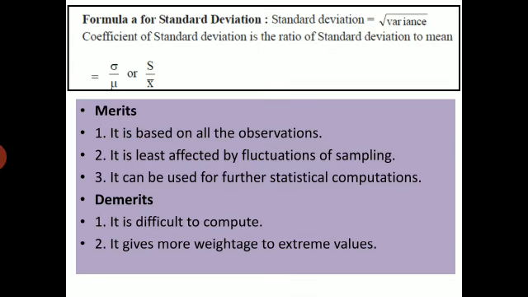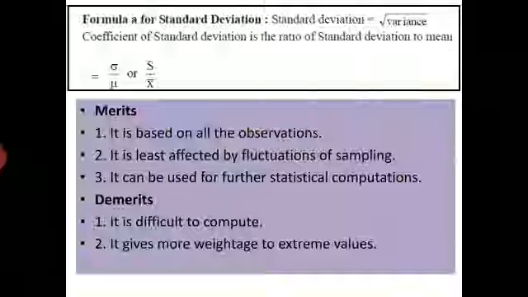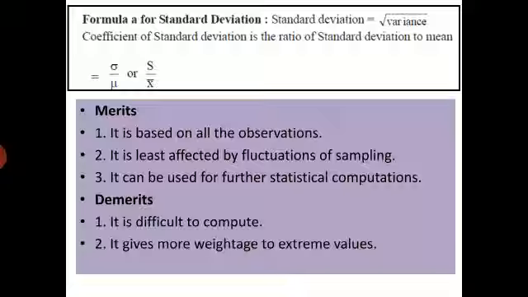Formula for standard deviation. Now here it is correct, I was a little bit confused earlier. Standard deviation is the square root of variance. Sometimes you get confused converting square root into square.